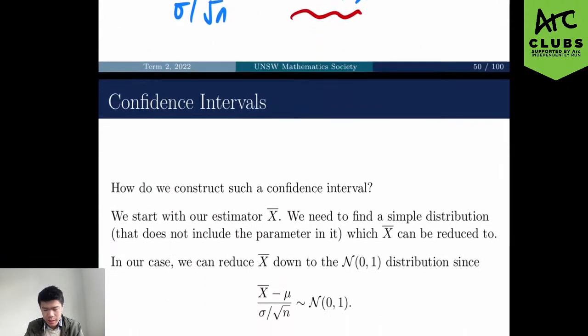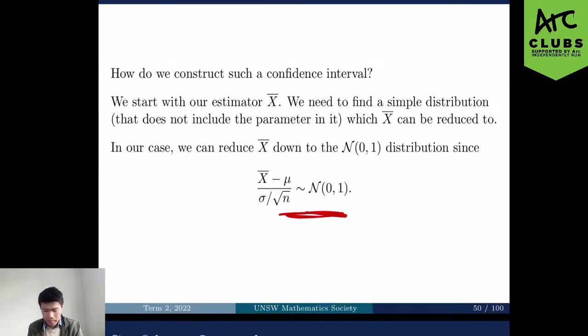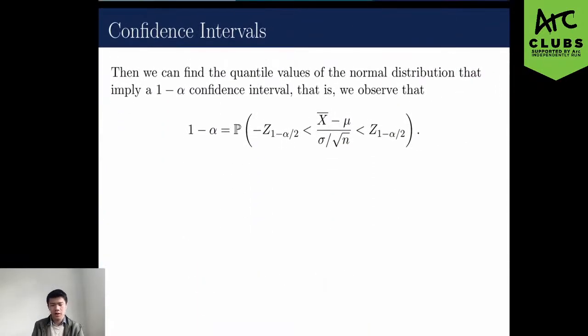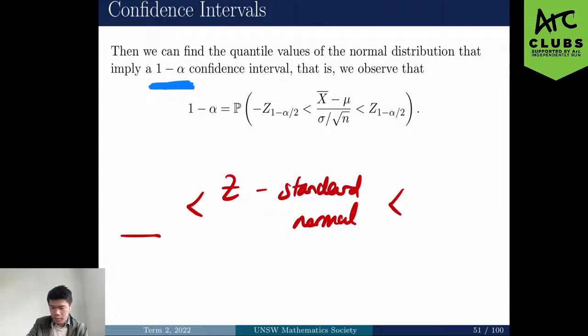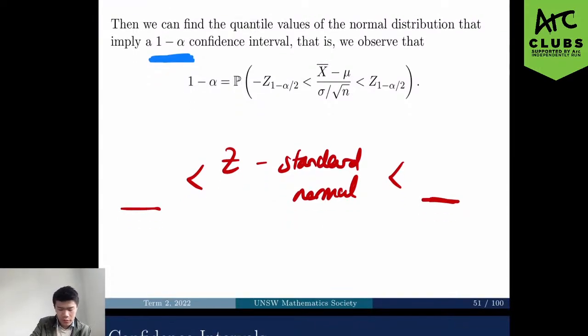So we find the quantile values of the normal distribution that would imply a 1 minus alpha confidence interval. We know that z, the standard normal random variable, can be said to lie between two numbers with probability 1 minus alpha, if we define these properly.